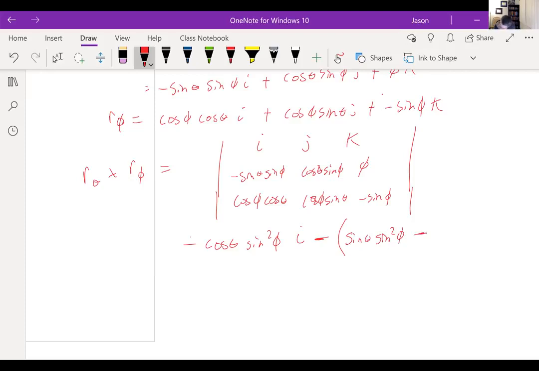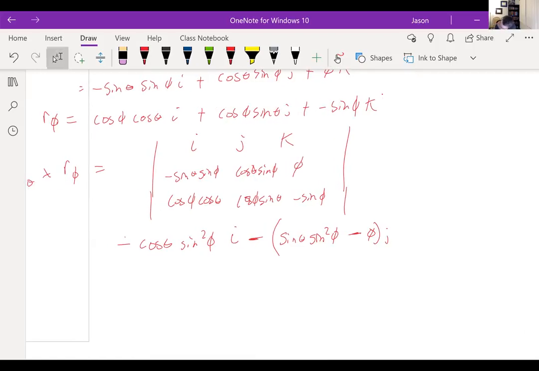For j, cross off the wrong column. That's just 0, minus 0. And then k, cross off the wrong column there. So for k, we get cosine theta sine, no, sorry, that's a phi.